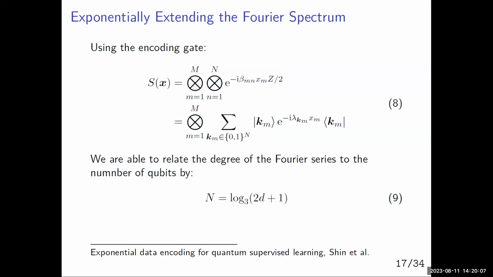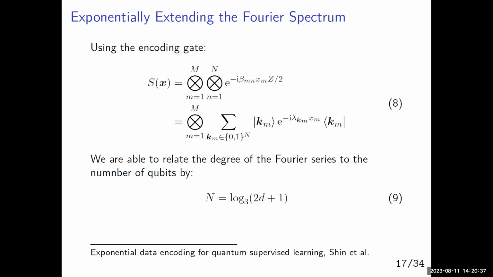okay, sorry, the other thing is, in the previous examples, the rotational encoding only added one term to the Fourier series each time you added a qubit. But there are other encoding gates, such as this one, which actually exponentially increase the Fourier spectrum. So instead of having 2 qubits giving you two terms in the Fourier series, you now have this expression here.